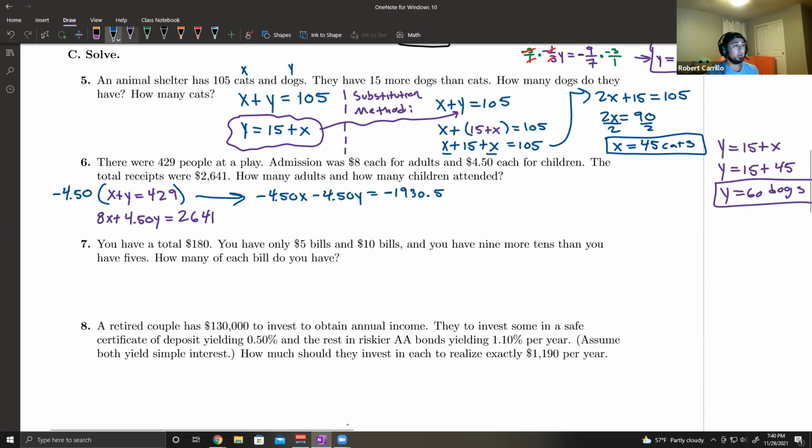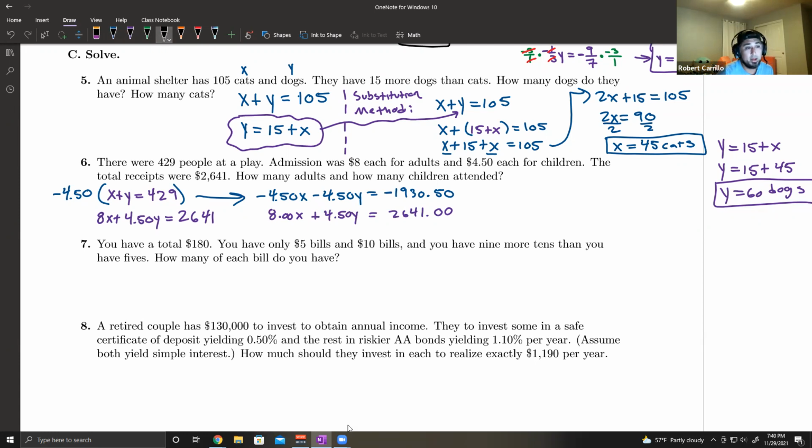Okay. And then this equation stays the same. I'll put some decimals in here to let it match up. 8x plus 4.50y equal to 2,641 and 0 cents. Yeah, why not? Put all those decimals in there, those extra digits so they line up.